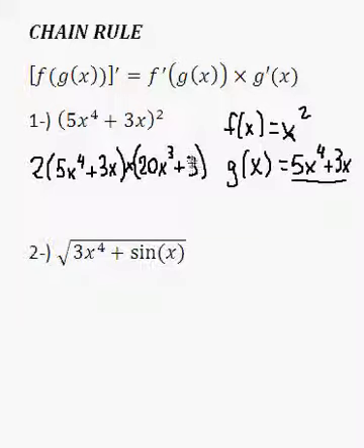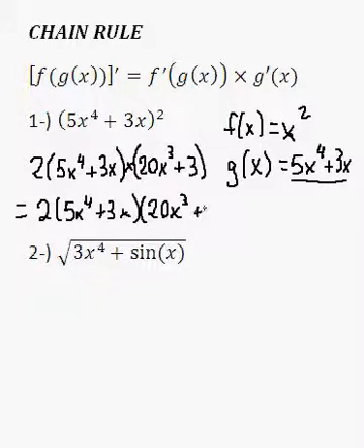And that's it. So I won't expand it because that would be a waste of time. Hopefully nobody's offended by that. So I have the derivative of this guy is just 2 times 5x to the 4 plus 3x times 20x cubed plus 3.